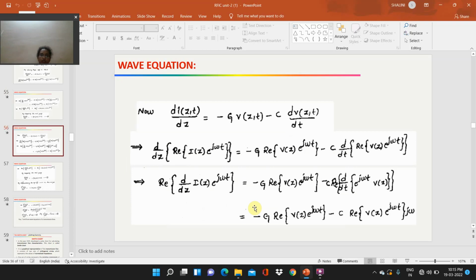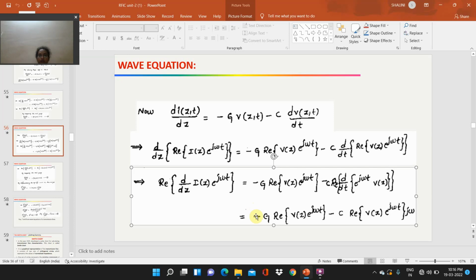Okay. Next, di by dZ of Z comma T is equal to minus G V of Z comma T minus C dV by dt of Z comma T. So d by dZ of Re of I of Z e power j omega t is equal to minus G of Re of V of Z e power j omega t minus C d by dt of Re of V of Z e power j omega t.